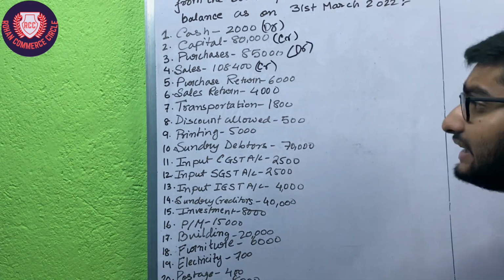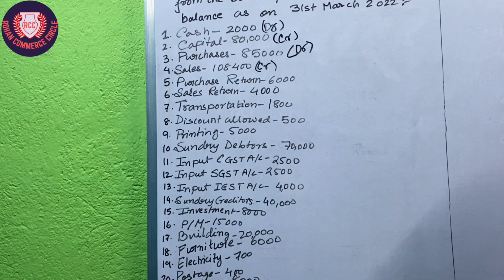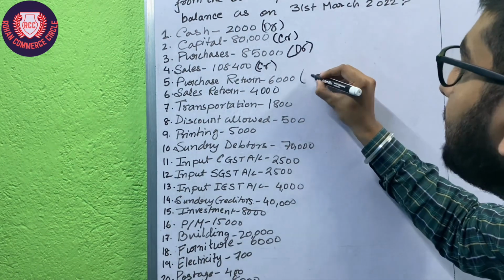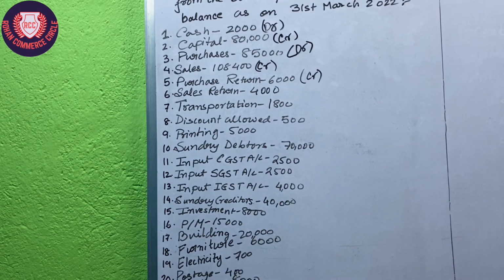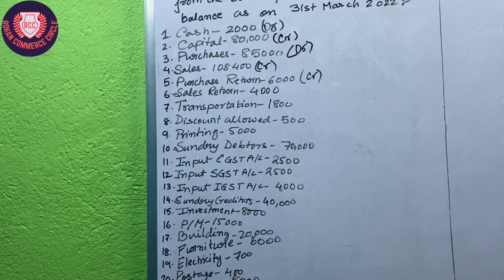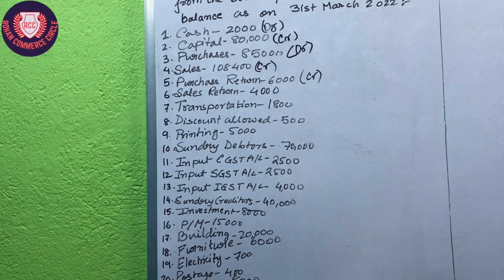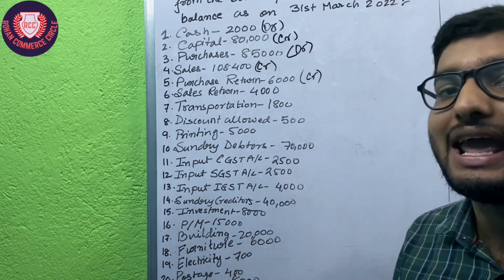Okay. Next is purchase return. Purchase return has credit balance. Why does this have credit balance, students? Because when we are purchasing any goods and we are returning them, we are decreasing the expenses.